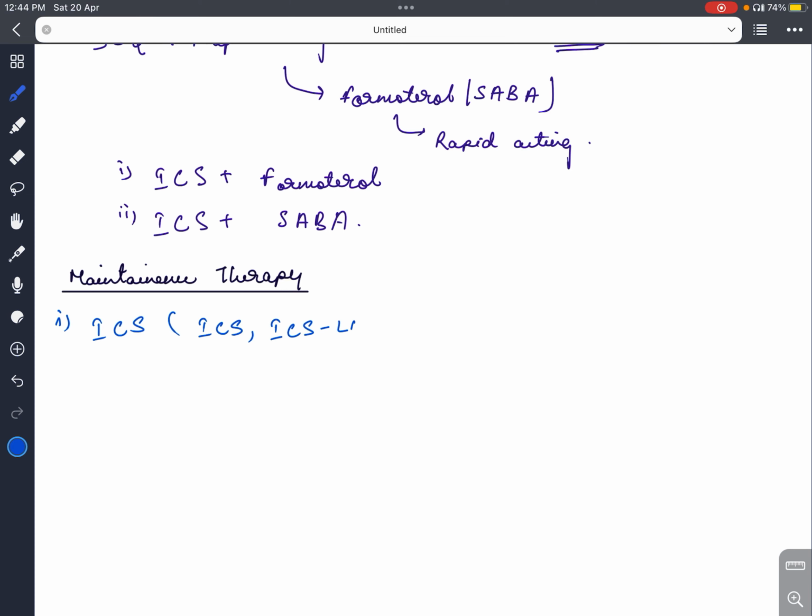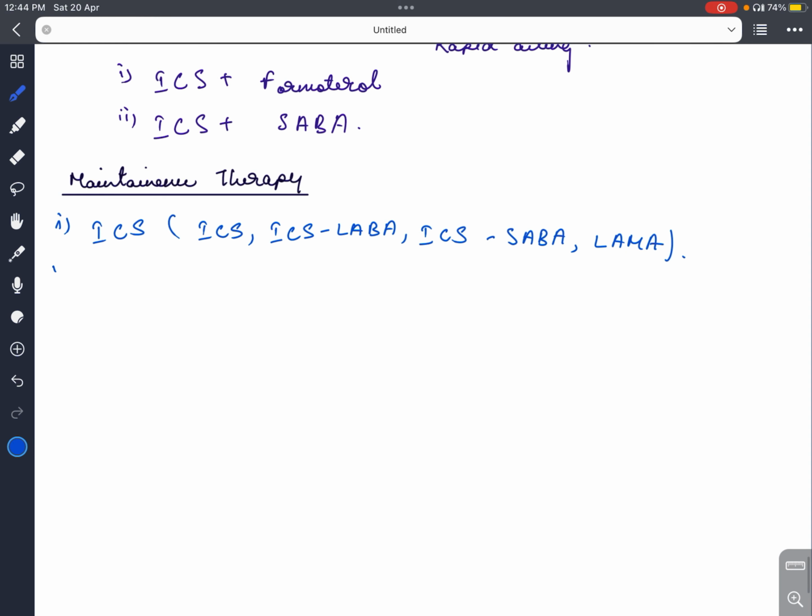We can have ICS, SABA, or we can have LAMA also. And then again, we have our leukotriene receptor antagonists, LTRA, and then we can have our biological therapy.